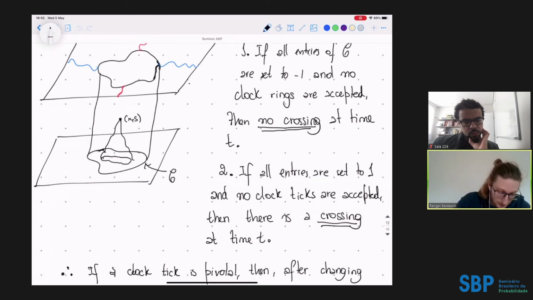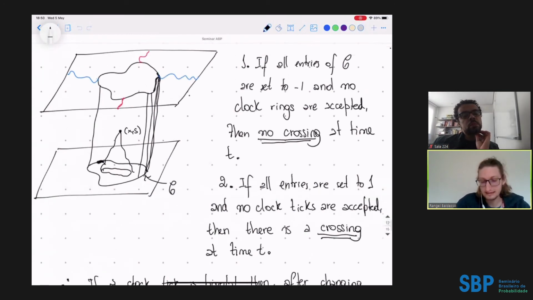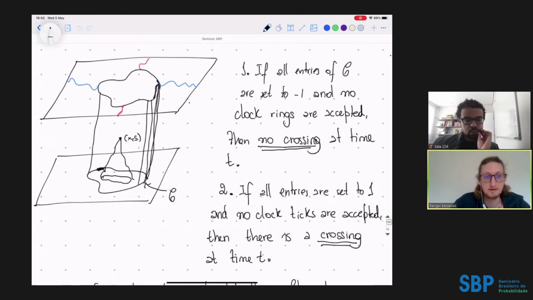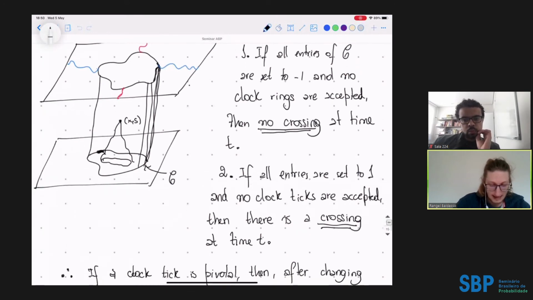In this circuit, we first of all take all the clock rings in the shell forming the circuit and freeze them. So no clock will be selected there. And then we put the initial opinions here either all equal to -1 or all equal to 1.